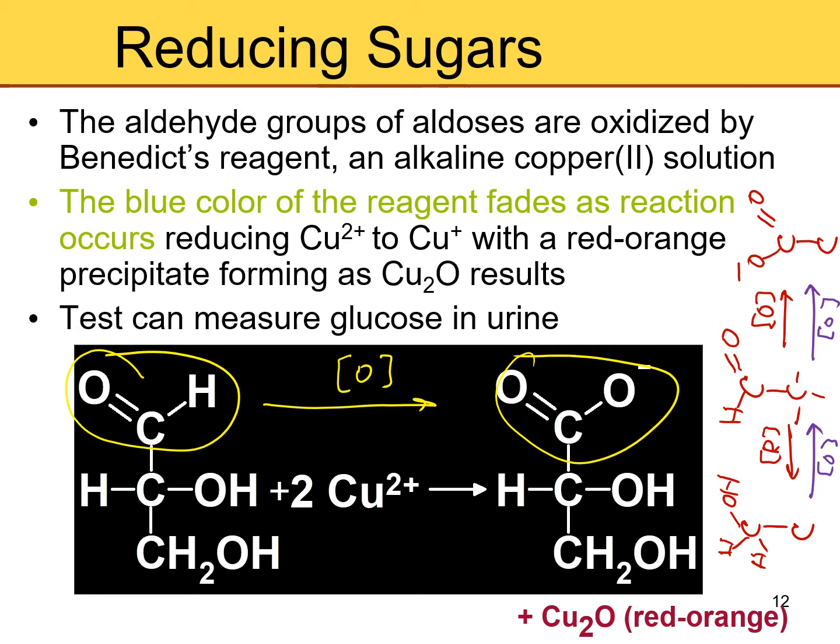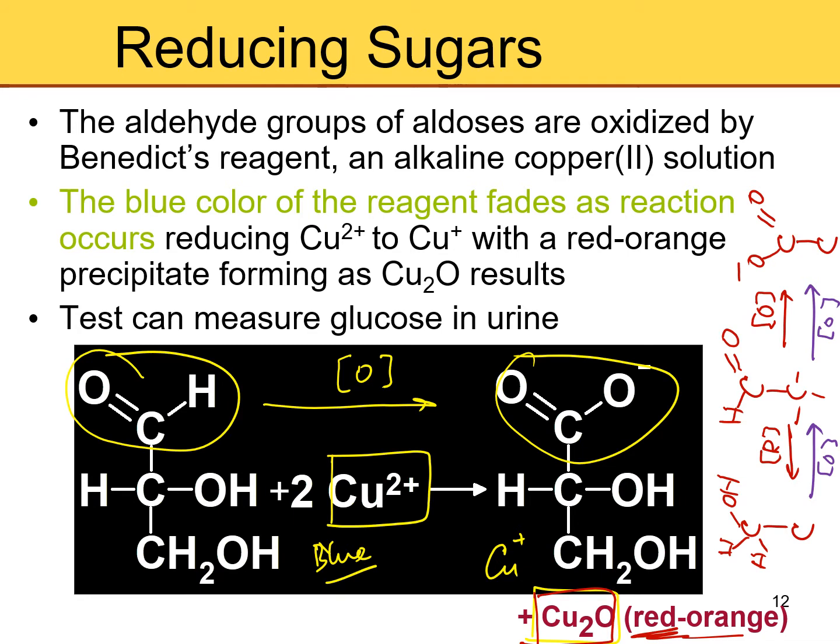So in terms of what you can do, you can add a copper 2 solution, and copper 2 is normally a light blue color, right? And in this reaction, aldehyde is getting oxidized, so copper 2 must get reduced, and it gets reduced to copper 1, in fact, in the form of copper 1 oxide, and that's a red-orange color. So this is a simple test you can do for the presence of any aldehyde group.